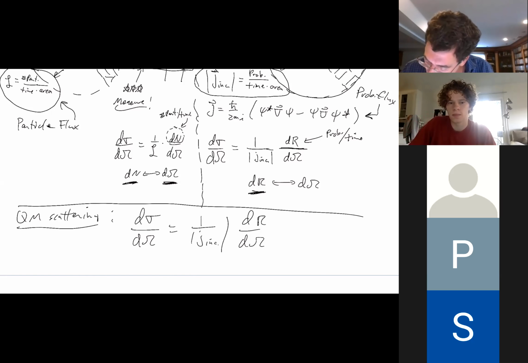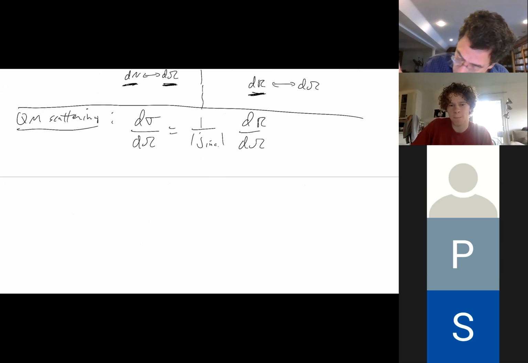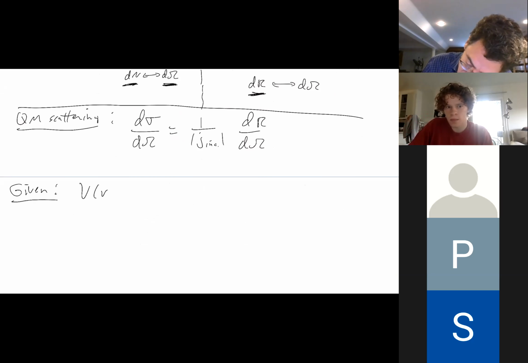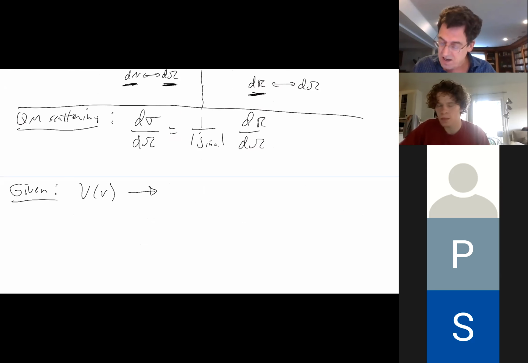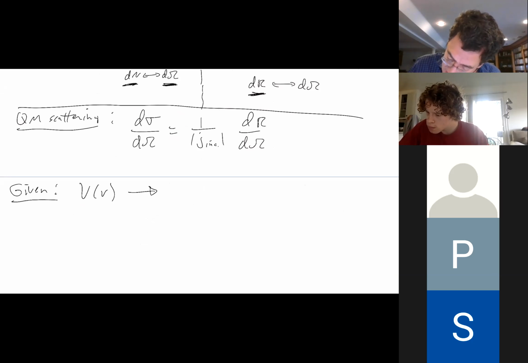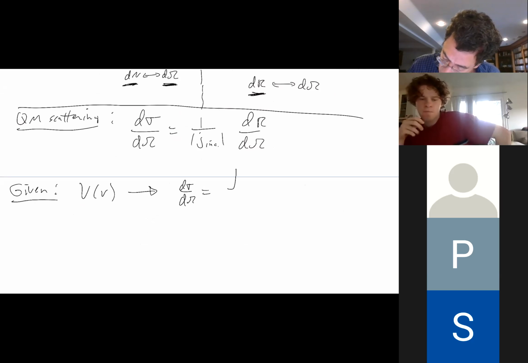if someone were to say to you, calculate the... if I give you this potential V of R, I can then ask you, what is the differential cross section of this potential? And then what you would have to do is calculate d sigma d omega, this quantity.